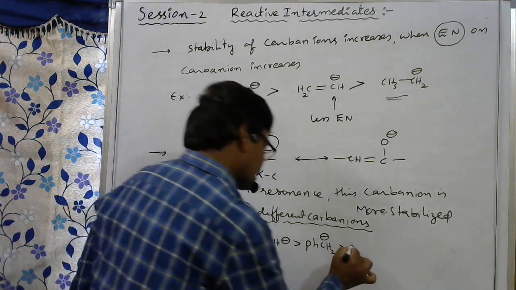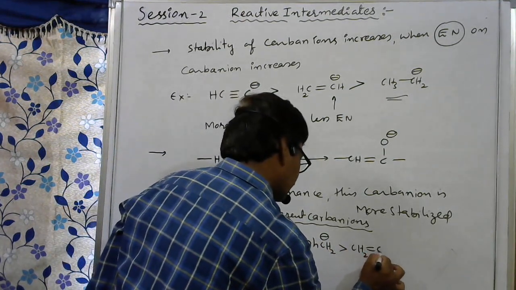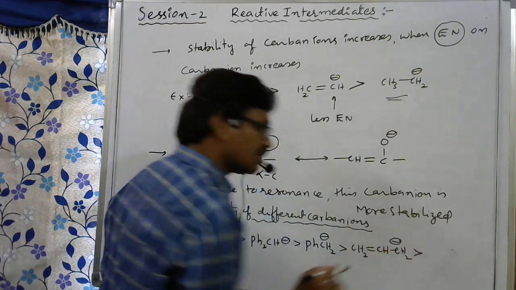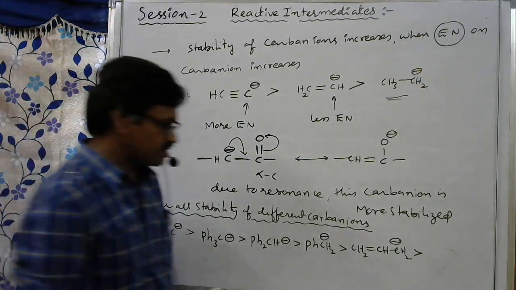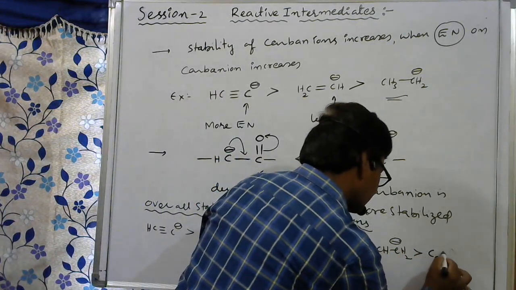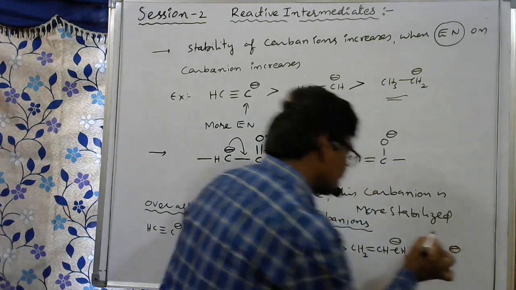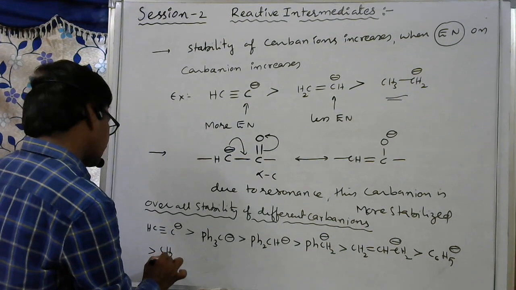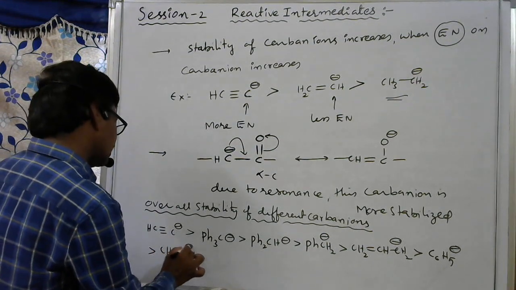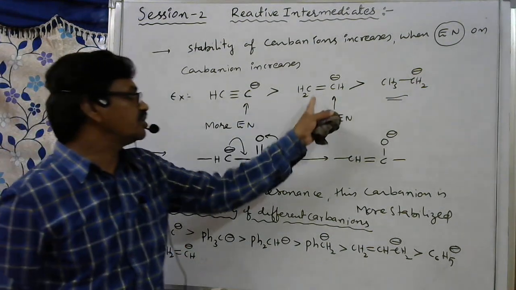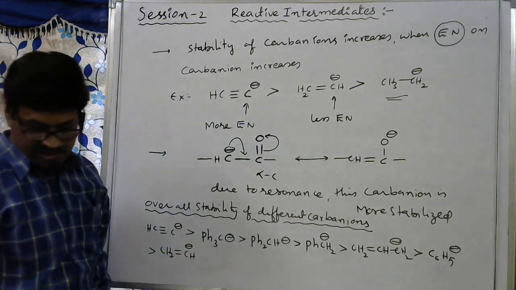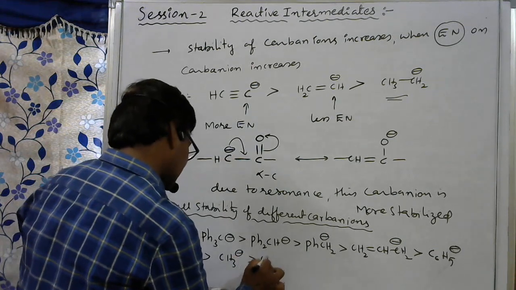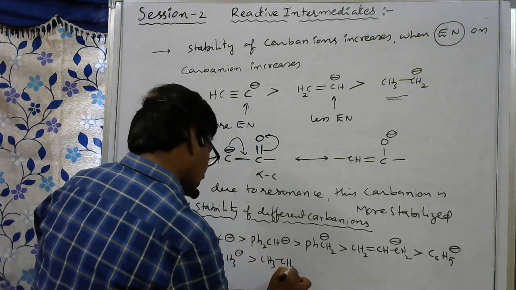Then the allyl carbanion, CH2=CH-CH2⁻. After the allyl carbanion, the phenyl carbanion, C6H5⁻. Then the vinyl carbanion, CH2=CH⁻. Then the methyl carbanion, CH3⁻. Then the ethyl carbanion, CH3CH2⁻.